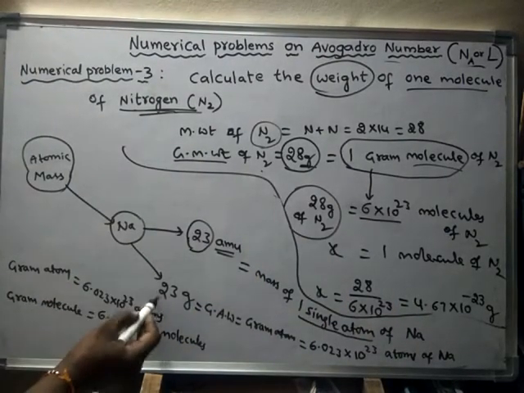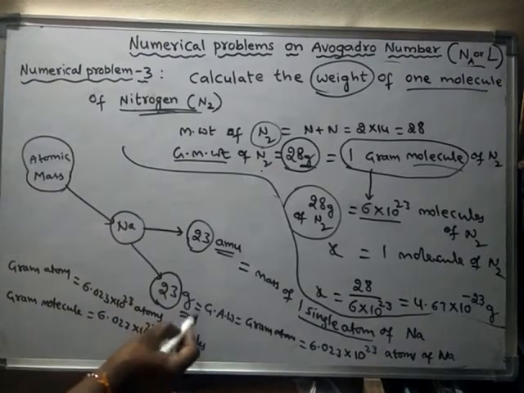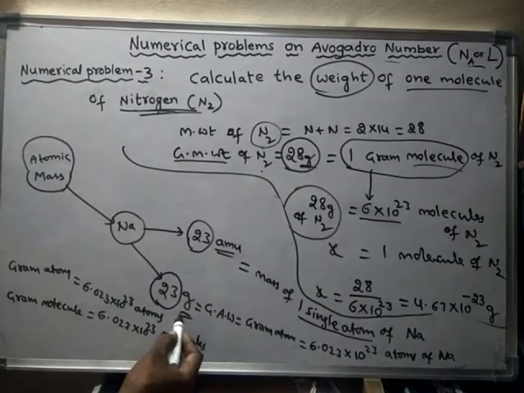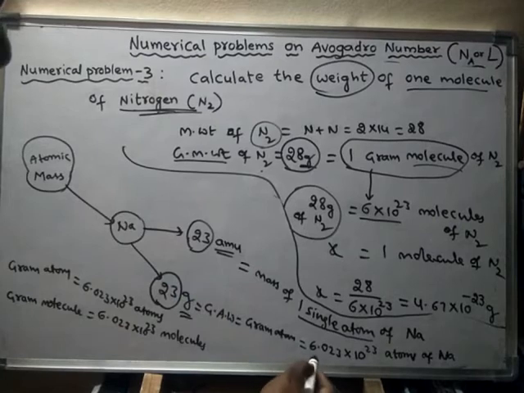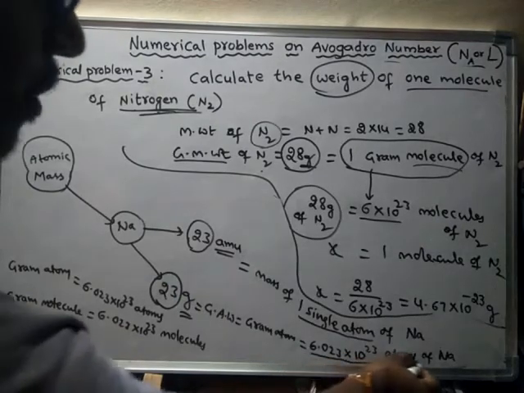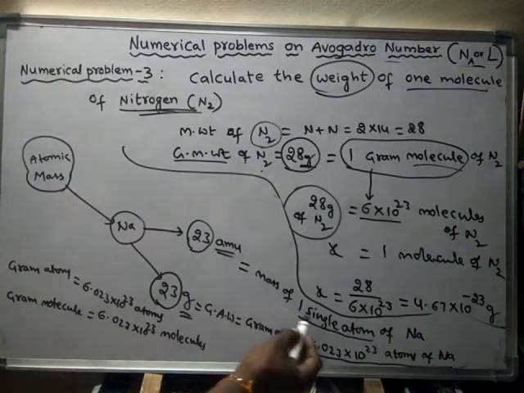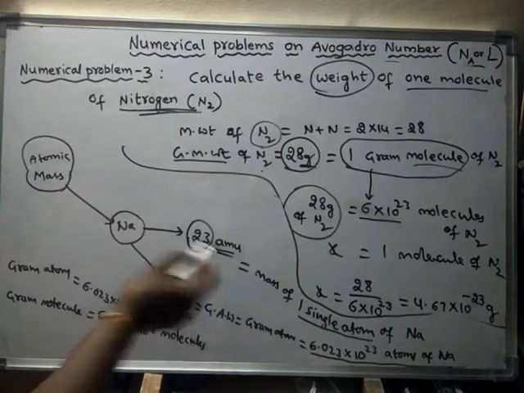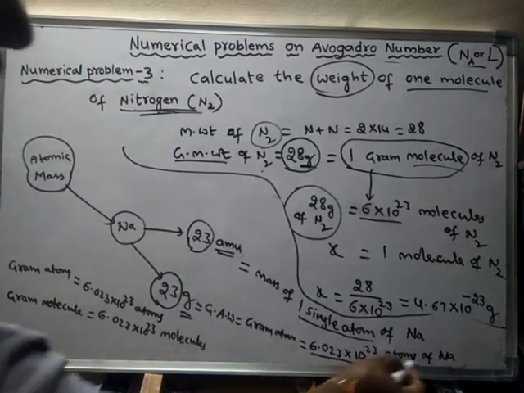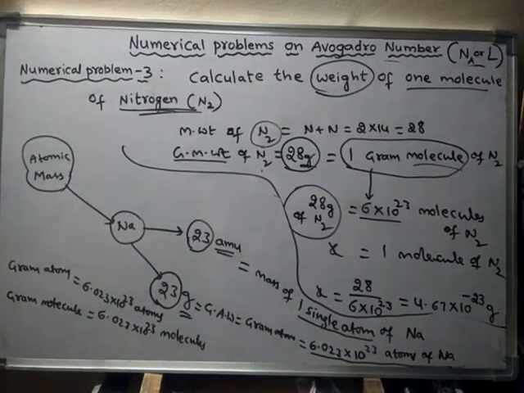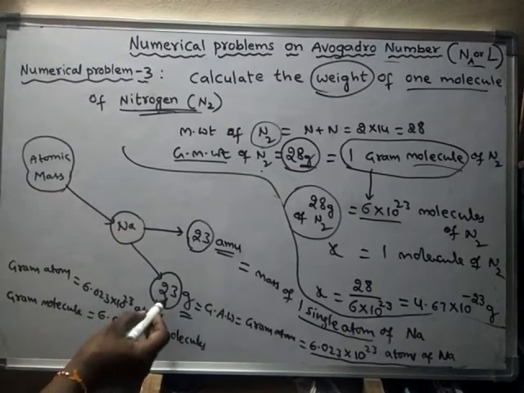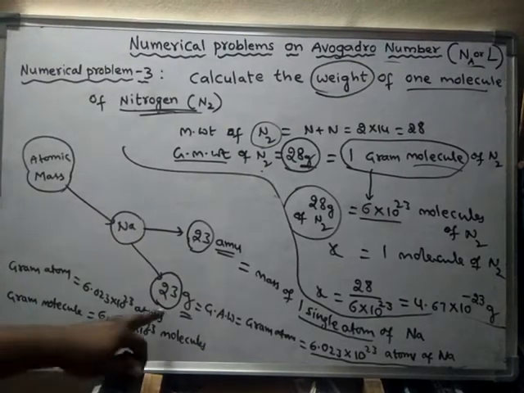If the same atomic mass is expressed in grams, then this mass is equal to the mass of these many atoms of sodium. A single atom of sodium weighs 23 AMU. These many atoms of sodium will weigh 23, the same number, but the unit is different, 23 grams.